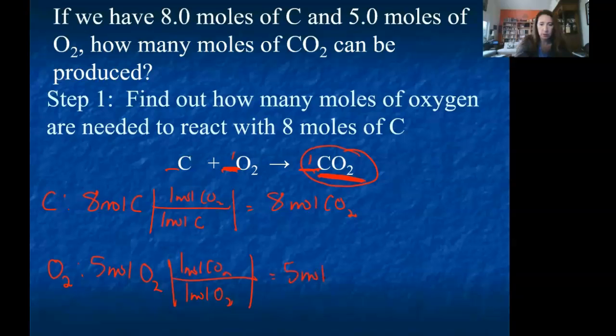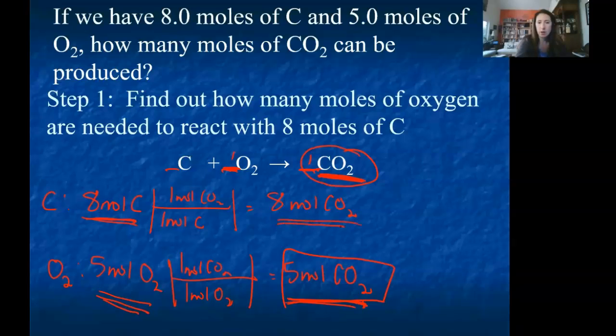5 moles of CO2. Now, only one of these processes, either the top or the bottom, is real. The other one doesn't even exist. The reason is because we ran out of our limiting reactant. This one says we can make 5 moles of CO2. So when we use all 5 moles of oxygen, we can make 5 moles of CO2. When we use all the moles of carbon, we can make 8 moles of CO2.